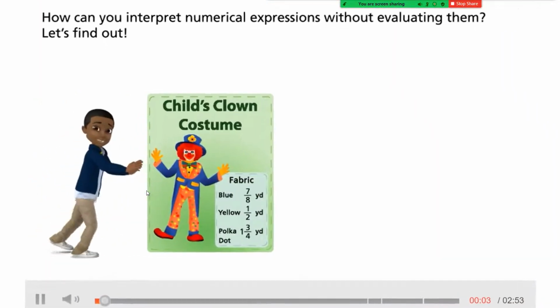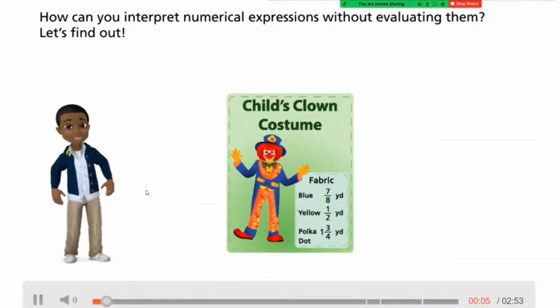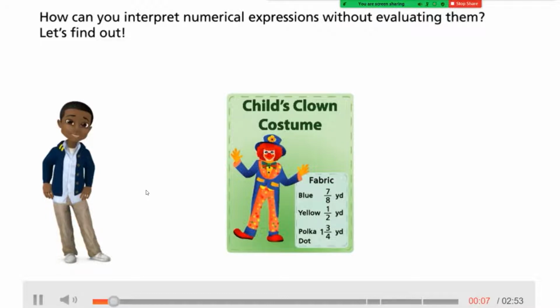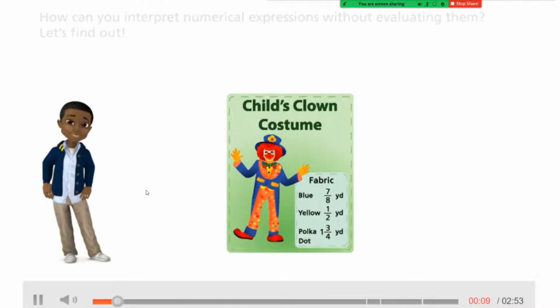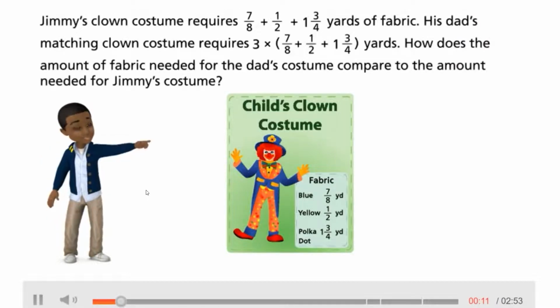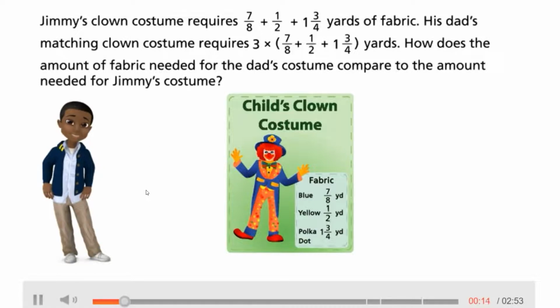How can you interpret numerical expressions without evaluating them? Let's find out. Jimmy's clown costume requires 7/8 plus 1/2 plus 1 3/4 yards of fabric. His dad's matching clown costume requires 3 times (7/8 plus 1/2 plus 1 3/4) yards.